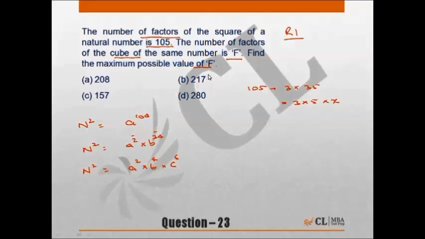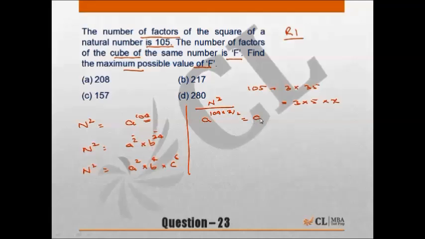We want to find the number of factors of the cube, or the maximum possible number of factors. Okay. So if this is n square, what will be n cube? The powers will become 1.5 times. So this will become a to power 156, which is 104 into 1.5, or 3 by 2.